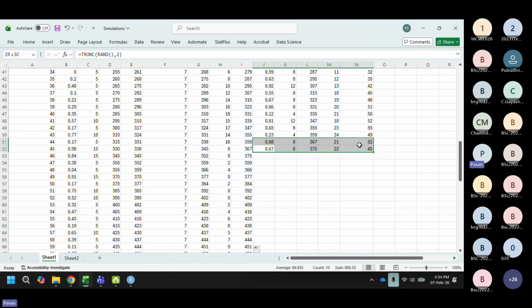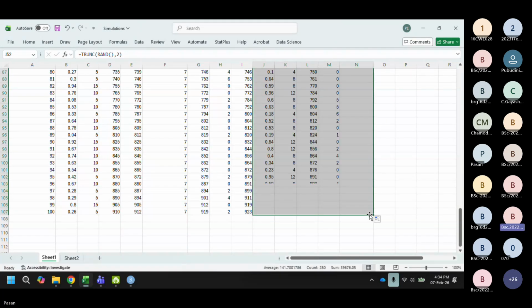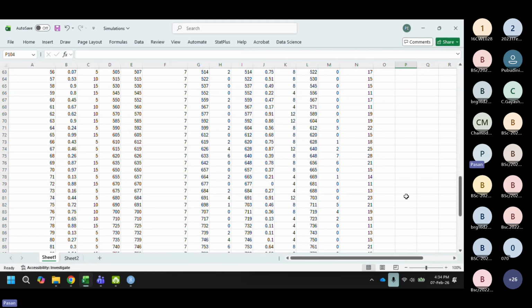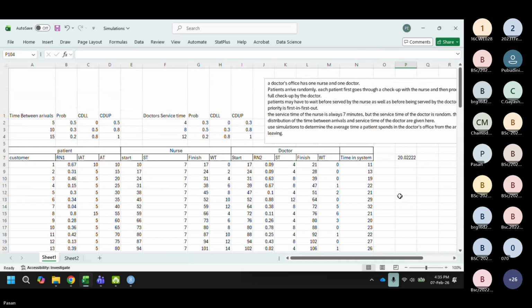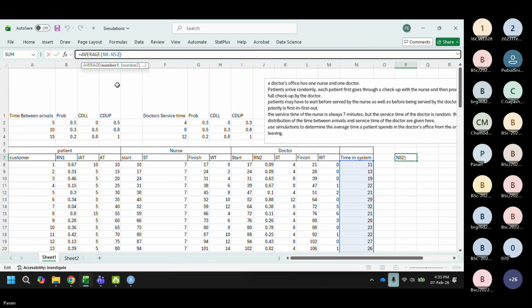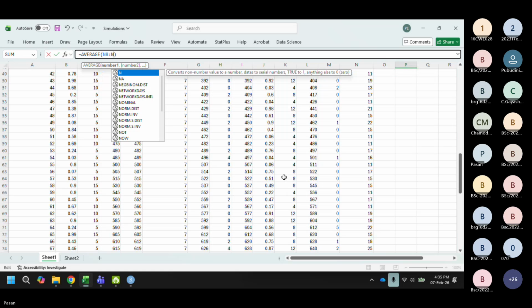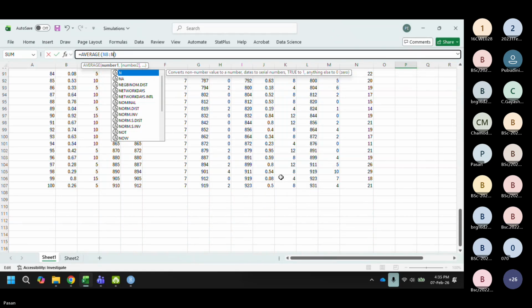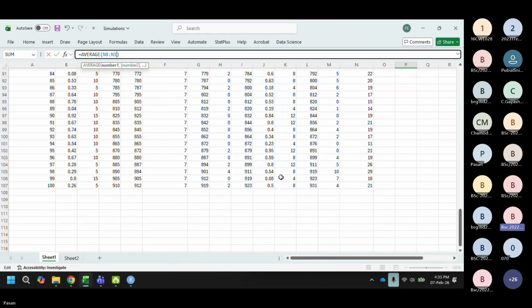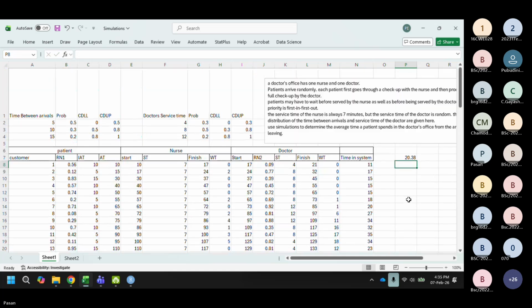Maybe I can select all this together. Yeah, I can do it that way. And then I can see that the average is around 20.